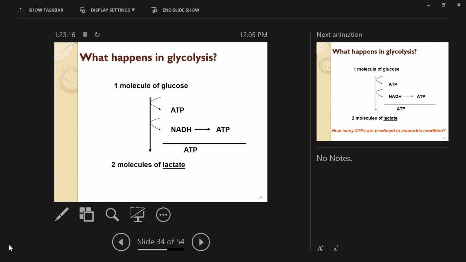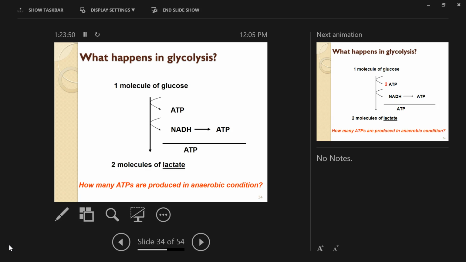Okay, and next, under the anaerobic conditions, how many ATPs are produced from glycolysis? The final product is lactate, right? And under the anaerobic condition, how many ATPs can be directly produced from glycolysis?